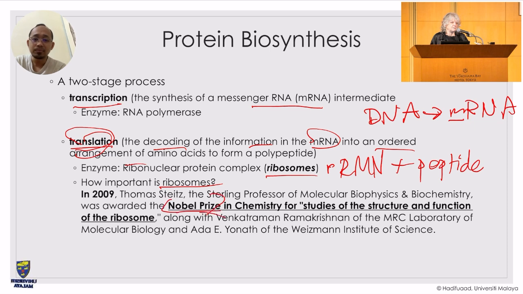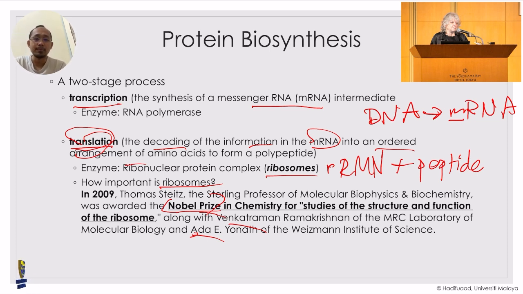The Nobel Prize is one of the most prestigious awards in science, and this professor received the award in chemistry for the study of the structure and function of the ribosome. In 2009, it was together with Venkatraman from the MRC Laboratory of Molecular Biology and Ada Yonath from the Weizmann Institute of Science.